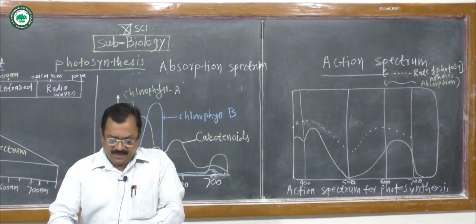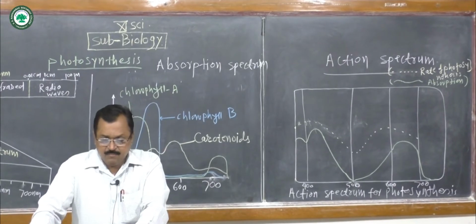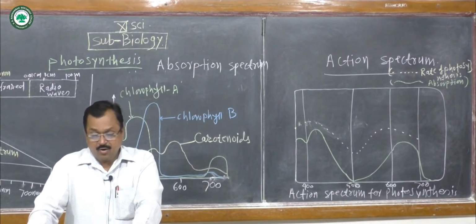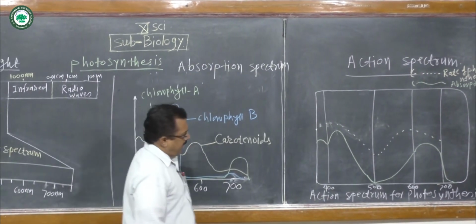Here the action spectrum of photosynthesis differs from the absorption spectrum. There is a lot of photosynthetic activity even in other parts of the spectrum. That is about the action spectrum.